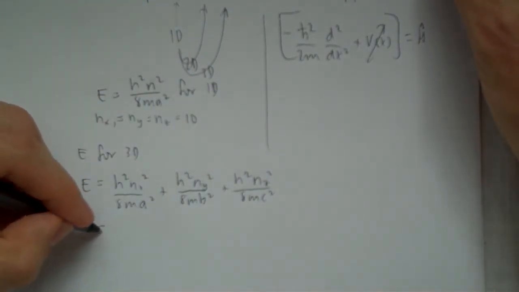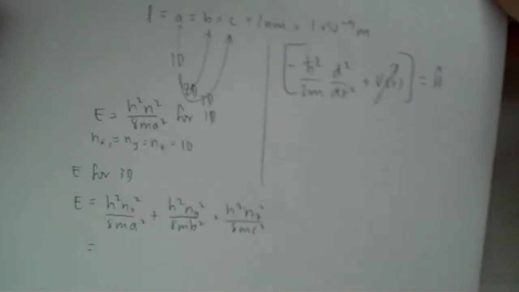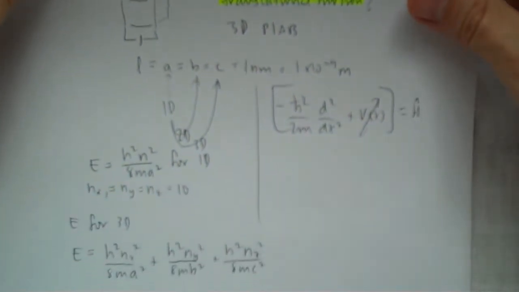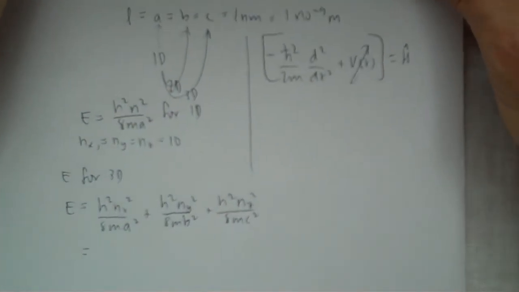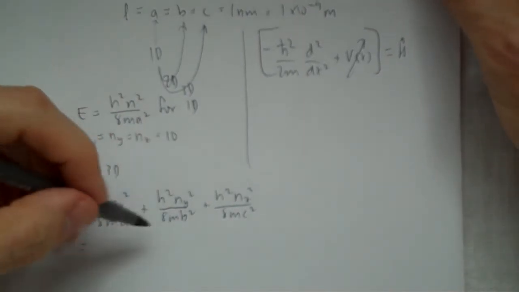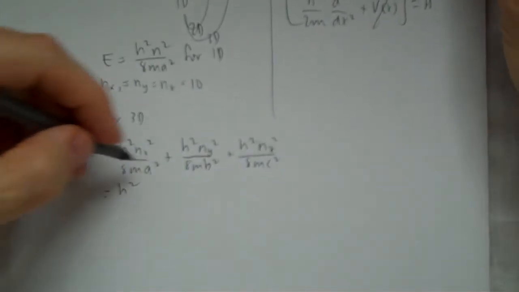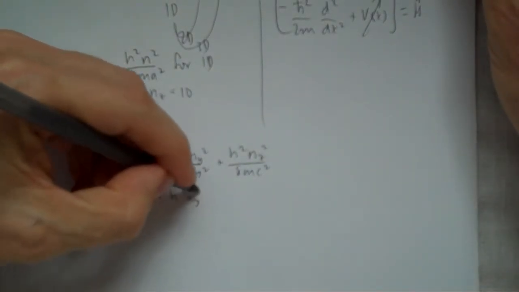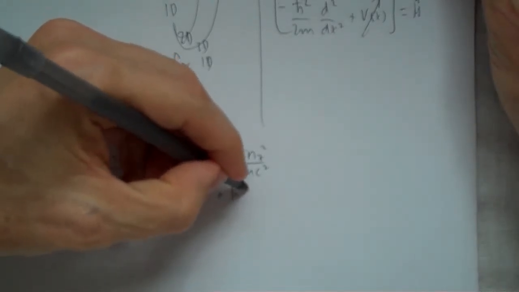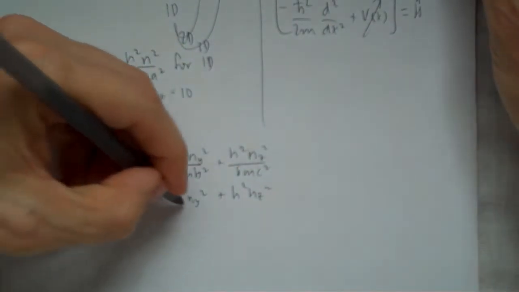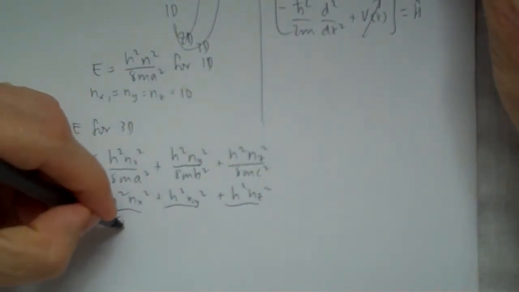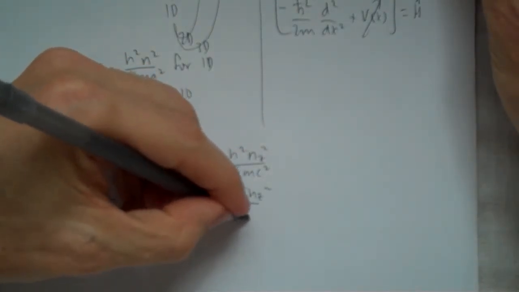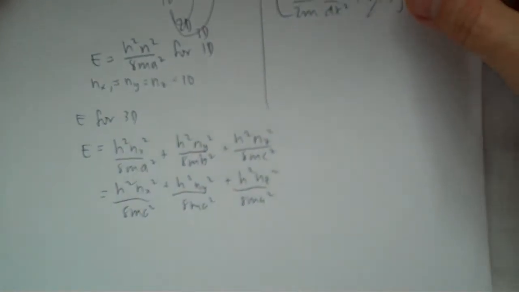So I'm going to go, oh, wait a second. A equals B equals C equals 1 nanometer, 1 times 10 to the negative 9 meters. I'm just going to factor those. This is the same thing as h squared n_x squared plus h squared n_y squared plus h squared n_z squared over 8 m a squared, because a, b, and c were all the same.